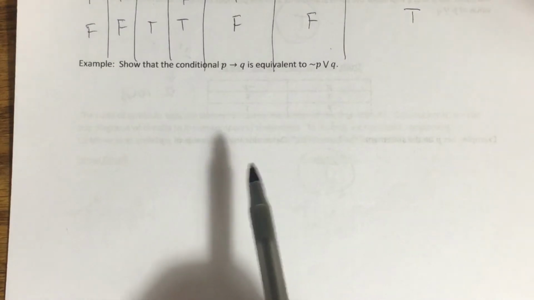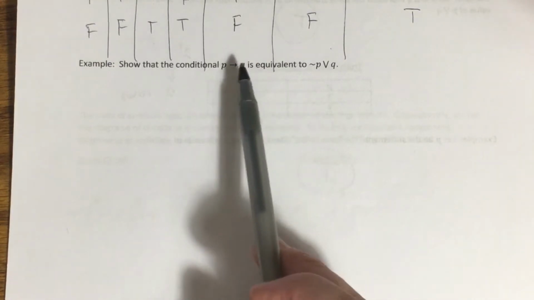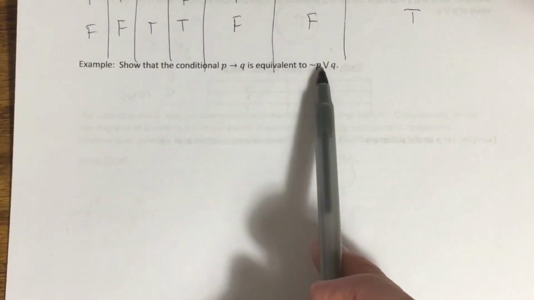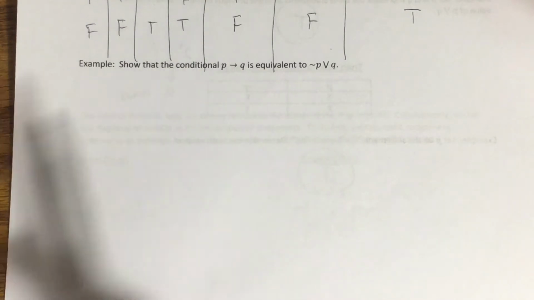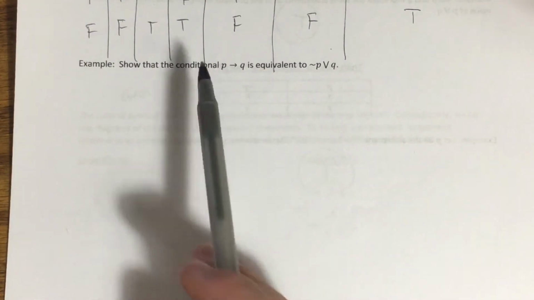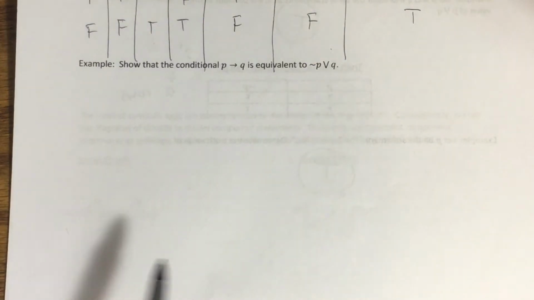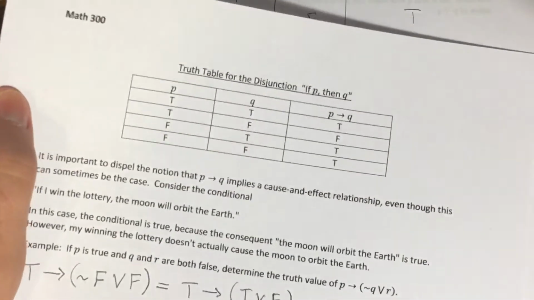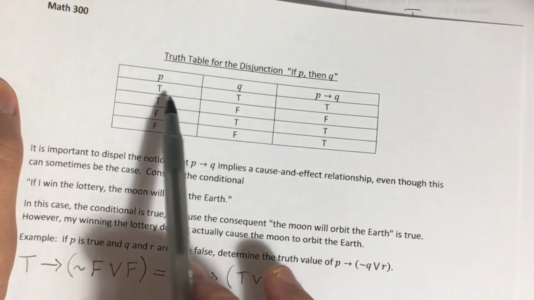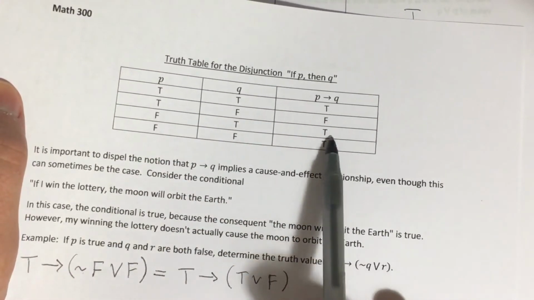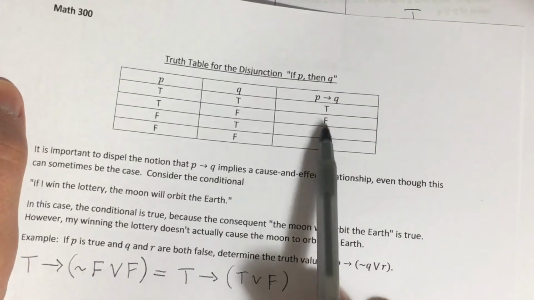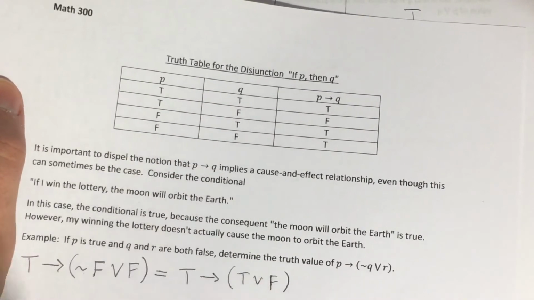And remember, the way that we show that two statements are equivalent is we show that their truth tables give us identical truth values for these two statements for all possible combinations of truth values for the component statements. So again, let's take a look at our truth table for the conditional. It's done on this page. Remember, the conditional was true in every case except for when P is true and Q is false.